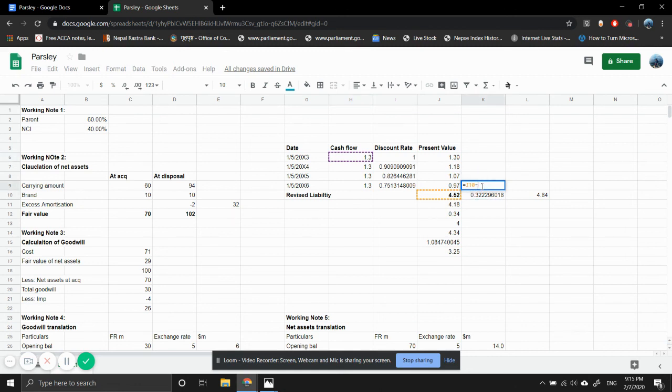Why is it so high? It's this figure minus this figure.